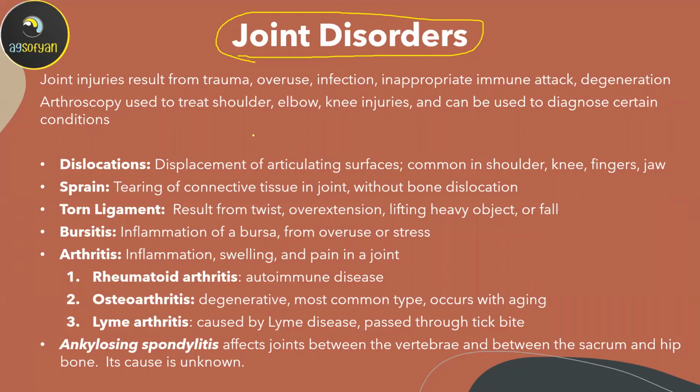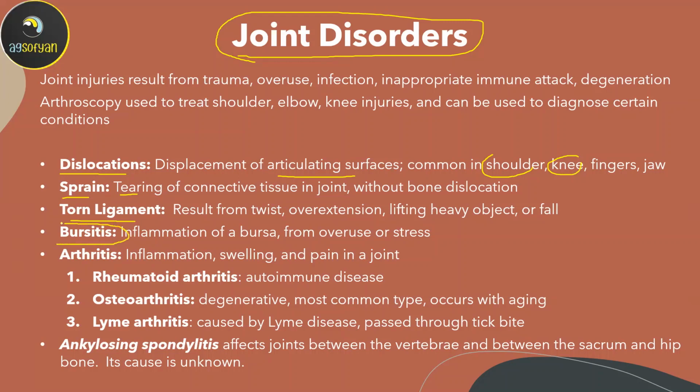It can cause problems to the joint, like dislocation, which is displacement of the articulating surface, common in the shoulder and knee. Sprain is common in the ankle, for example a sprained ankle. Torn ligament happens because of twisting or overextensive use of the joint, which can break the ligament.